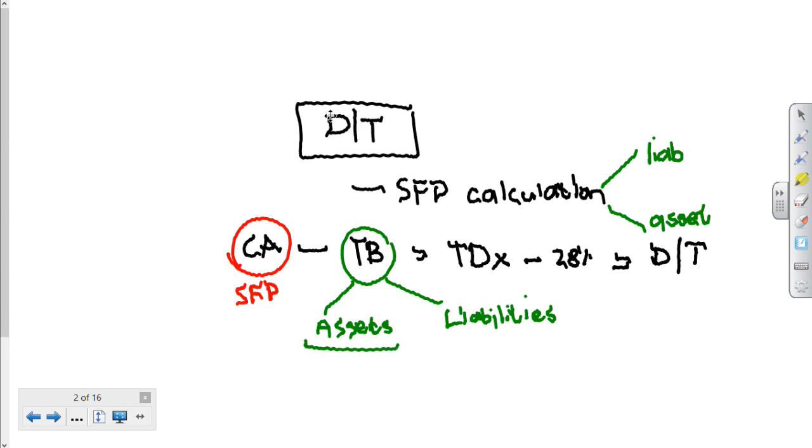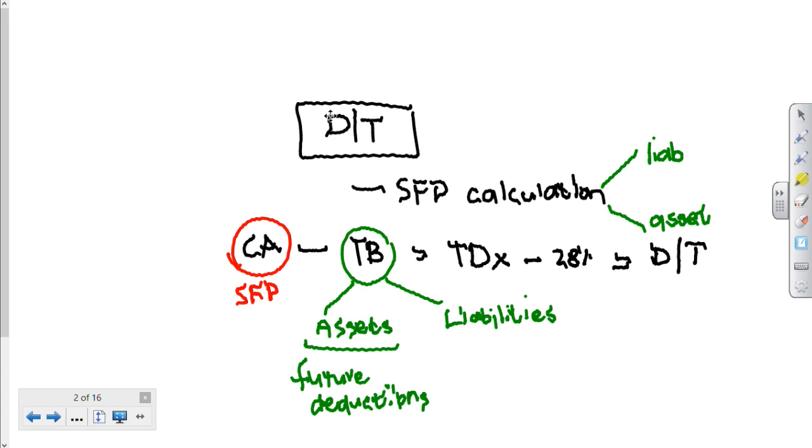The tax base of an asset is the future deductions that you're going to get on this asset. If we're looking at something like PPE, the tax base of a machine is the amount of wear and tear that I'm still going to get on that asset. In other words, it's the cost less any wear and tear I've already been given, giving you a balance, which is the wear and tear that I will be given in future. So the tax base of an asset is the amount of future deductions I will get from that asset.